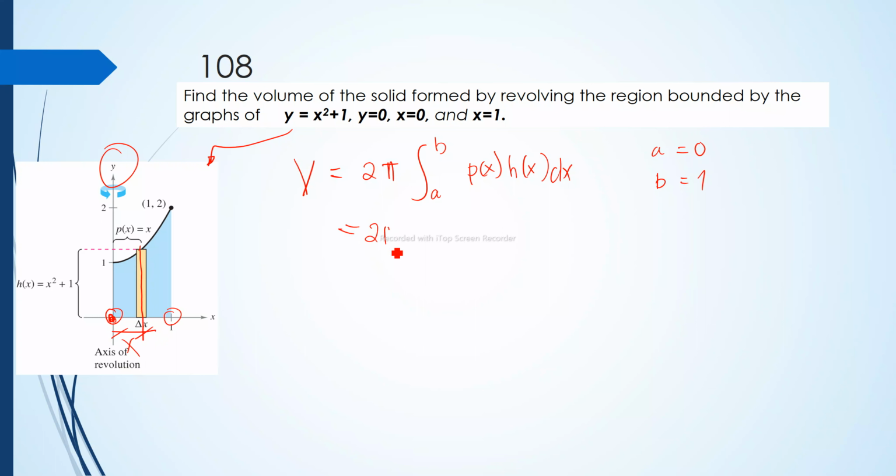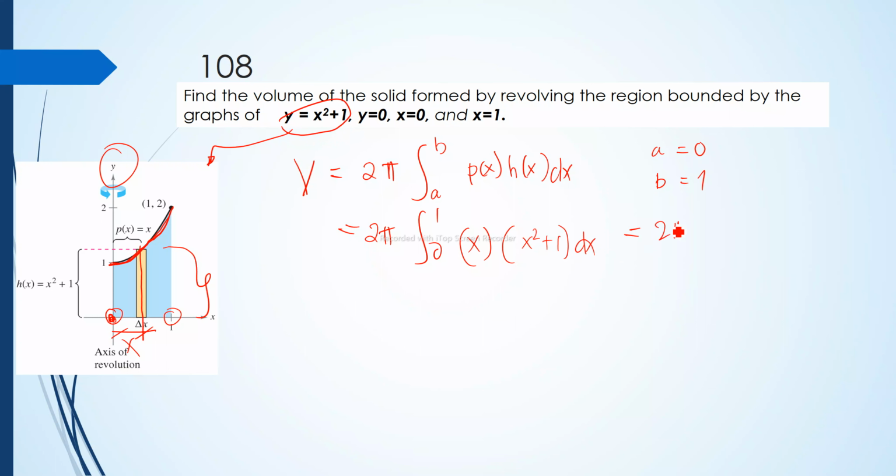So we'll have 2 pi times the integral of x times h of x. Our h of x is just its height that varies as we go through this curve, and this curve is a function of x, which is equal to x squared plus 1. So we write x squared plus 1, dx from 0 to 1.